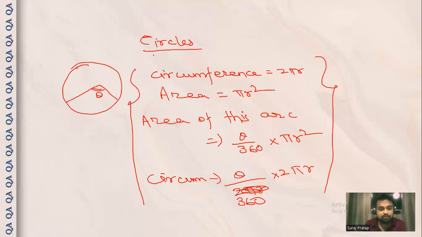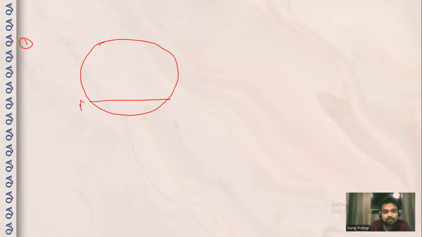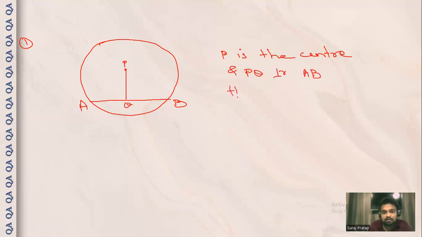Now there are 10 or 12 theorems in circles. The first theorem is that if you draw a perpendicular on a chord, let's say this is a chord AB, and this is PQ, where P is the center and PQ is perpendicular to AB, then AQ equals QB.